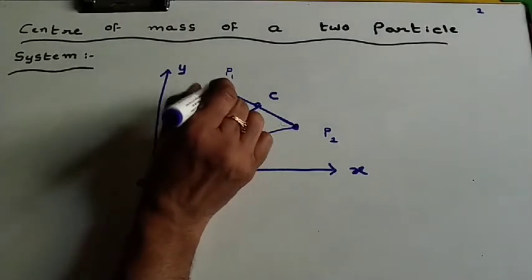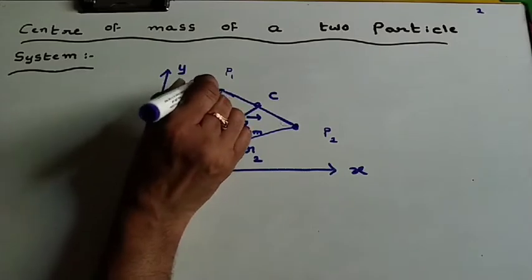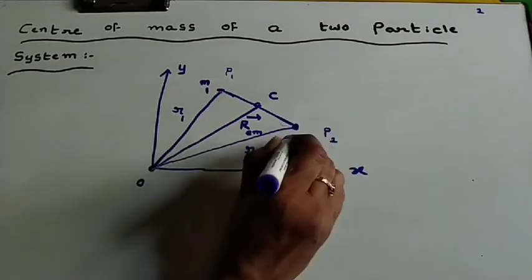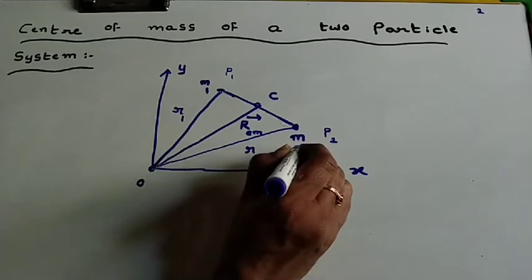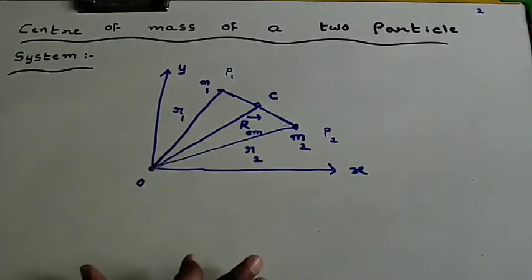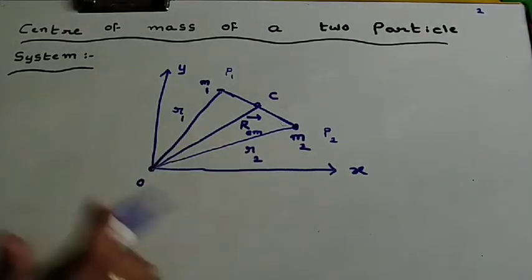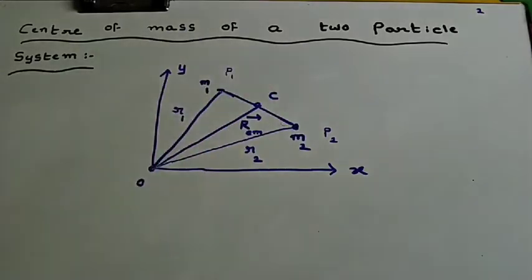Consider here the particle mass is m1. Consider here the particle mass is m2. This is the diagram of center of mass of a two particle system.